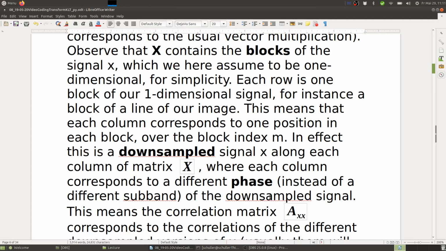And then the position is the offset for this downsampling, which we call phase. So if we have the first column, we always have the first entry for each block. If we take the second column, we always have the second entry of each block, and so on. So it's basically different phases of the downsampled signal. Depending on which way you look, horizontally along the rows you have the blocks, and vertically along the columns you have the downsampled signal, downsampled with different phase offsets.